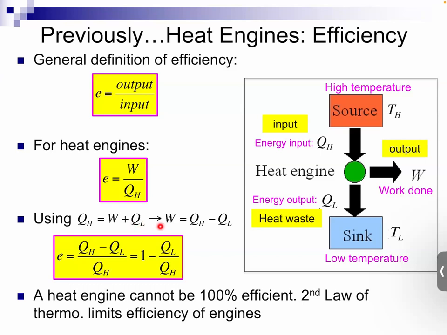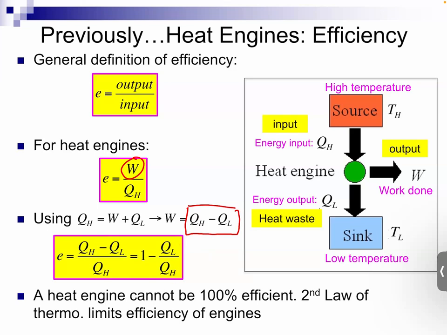We can rearrange this to have an equation for the work that's done, and therefore we can replace this expression of work in terms of the energies, QH energy from the hot reservoir and QL energy to the cold sink, and we have an efficiency just in terms of the energies of the cold sink and hot reservoir.